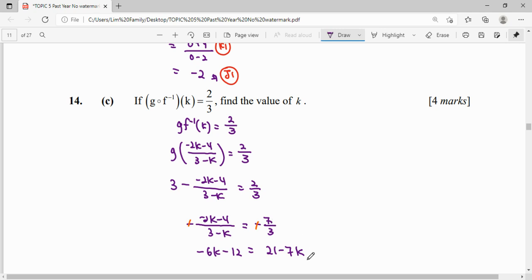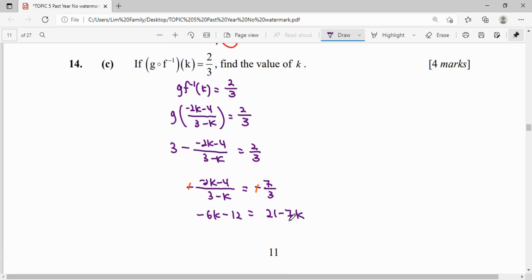And we collect back our k value. When I move this k, it will be positive 7k, so it leaves k only. And then we move this negative 12 to the right hand side, adding 12, so it will become 33.